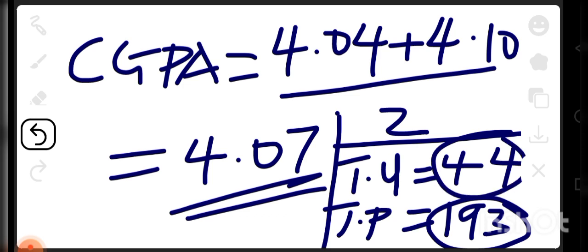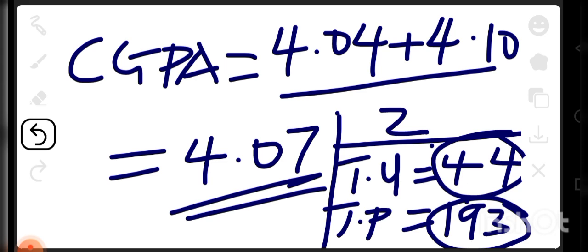Then, especially for final year, that's what they do. To get the CGPA for each level, you divide the total point by total unit for that level, for 100 level, 200 level, 300 level, 400 level.